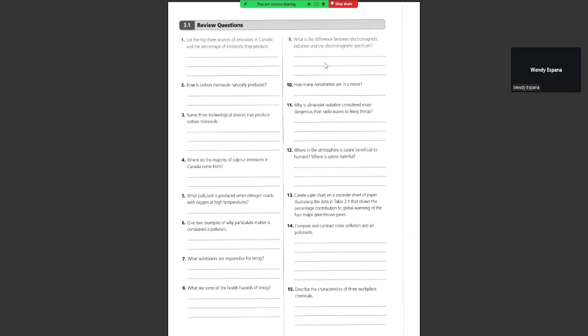Question 6 says, give 2 examples of why particulate matter is considered a pollutant. Okay, so go back and review what we said about what is considered a pollutant. Remember, we said that a pollutant is waste material from human activities that causes harm in an ecosystem. So you have to ask yourself, is particulate matter a waste material?